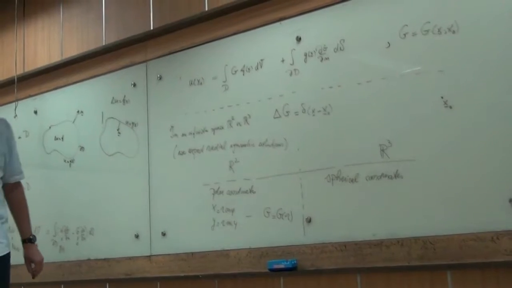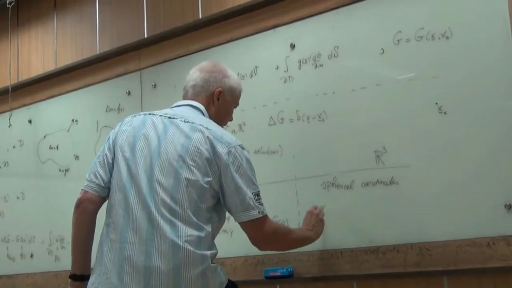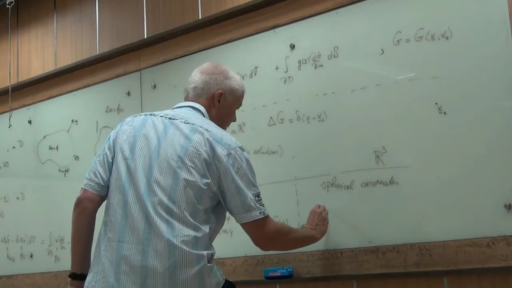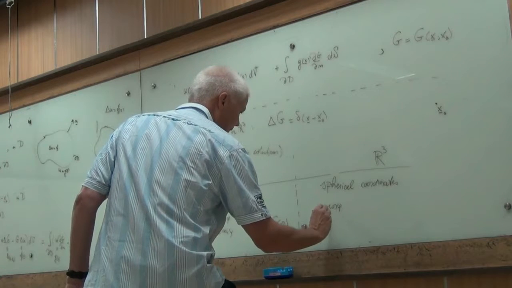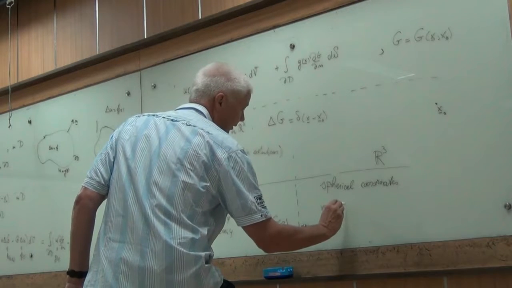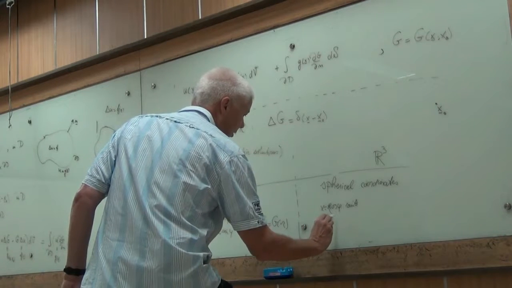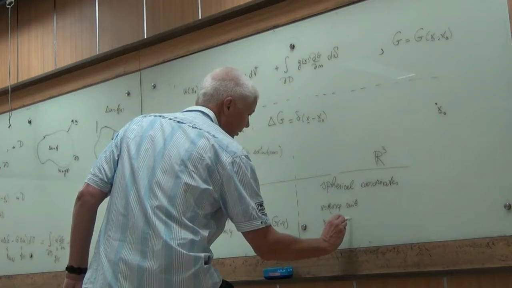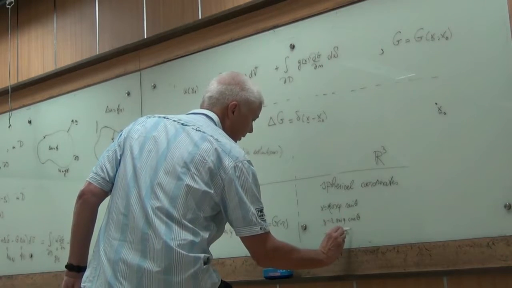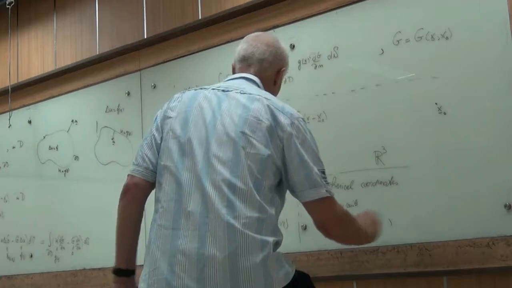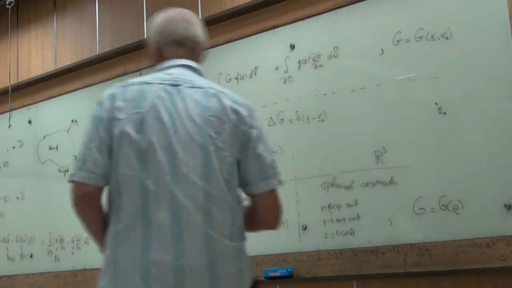And if I introduce over here, x is rho cosine phi sine theta, y is rho sine phi sine theta, and z is rho cosine theta. Then I also get that my function is only a function of rho.